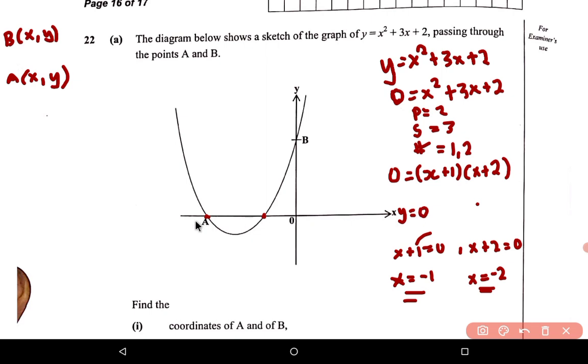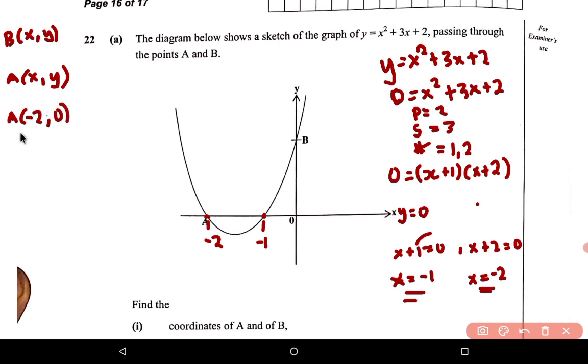By looking at them you can tell that this one is where the -1 is, and here is where the -2 is. So the coordinate for this one is -2, 0, because y is 0. So the coordinate for A is basically -2, 0, and you're good to go.